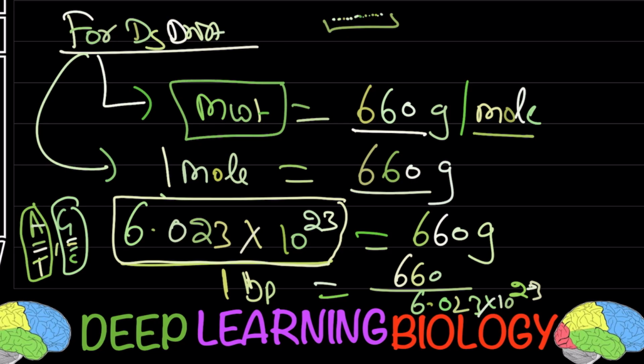Then what will be the weight of one base pair? 660 divided by 6.023 into 10 to the power 23.